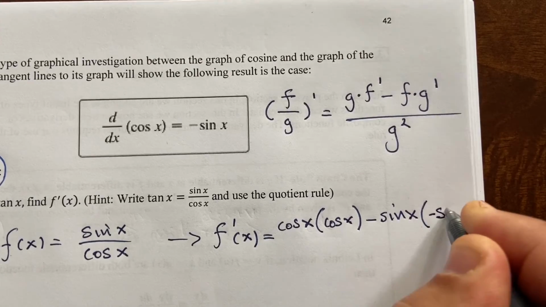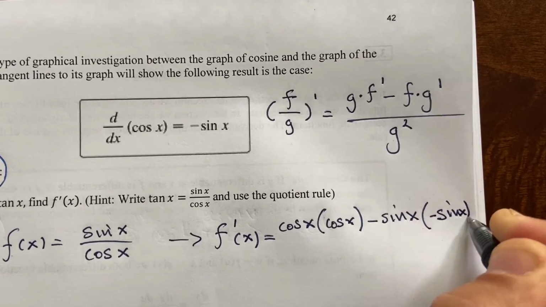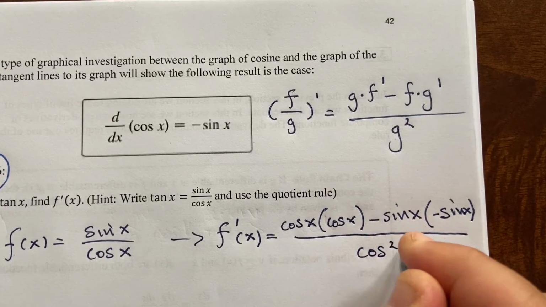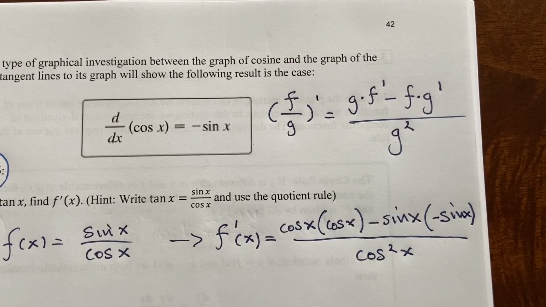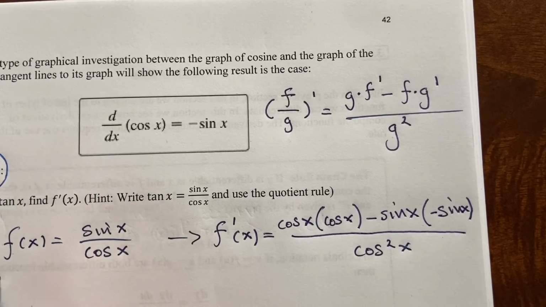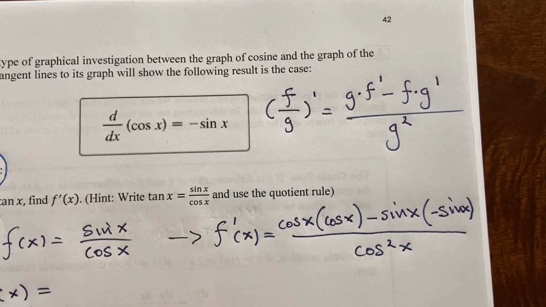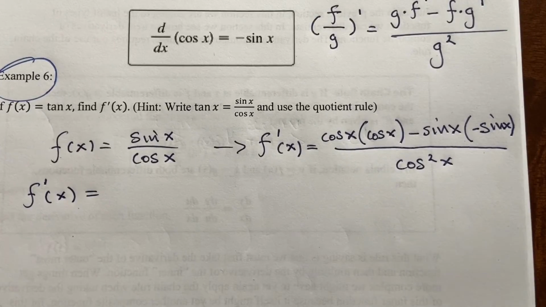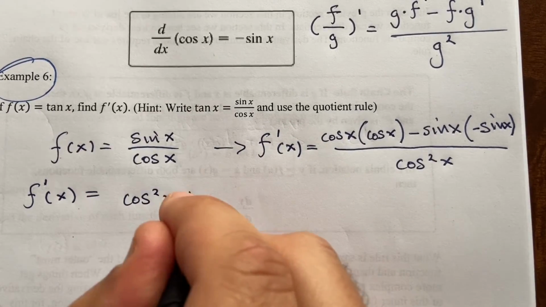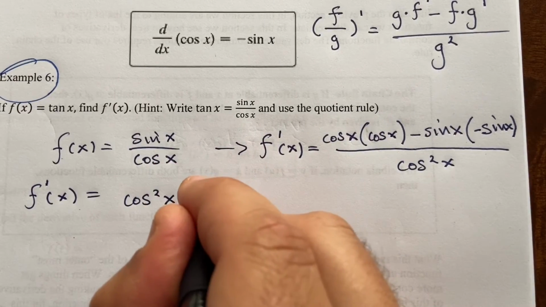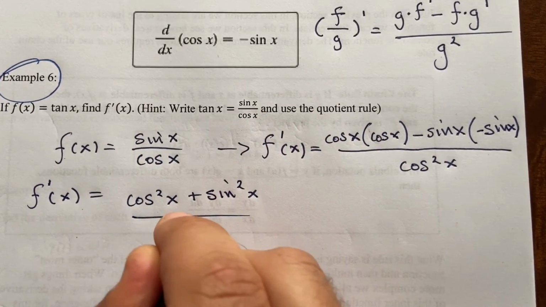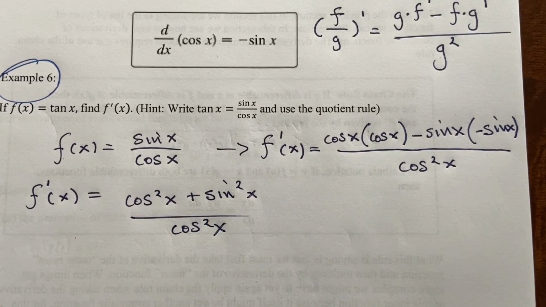So negative sine, and I'm multiplying. And then all over cosine squared of x, just the bottom squared. So I'll actually carry out these multiplications. So f prime of x would then be cosine squared x plus sine squared x over cosine squared x.